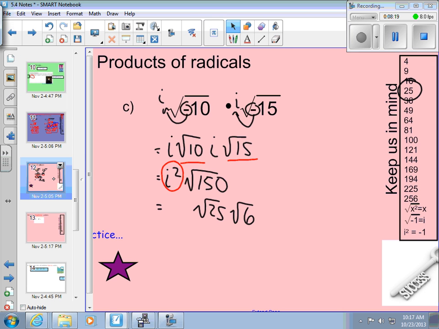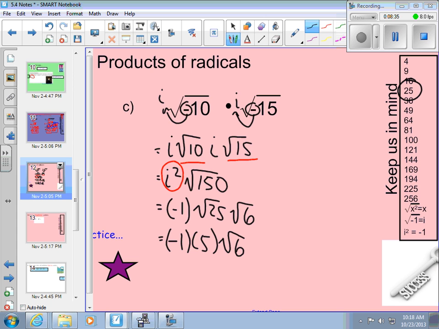So going back to our problem, we know I squared is the same as -1. So now simplifying out, we got -1 times square root of 25, which equals 5, times the square root of 6. Square root of 6 we can't simplify, so the final answer here, multiplying these 2 numbers together, is -5 square root of 6.